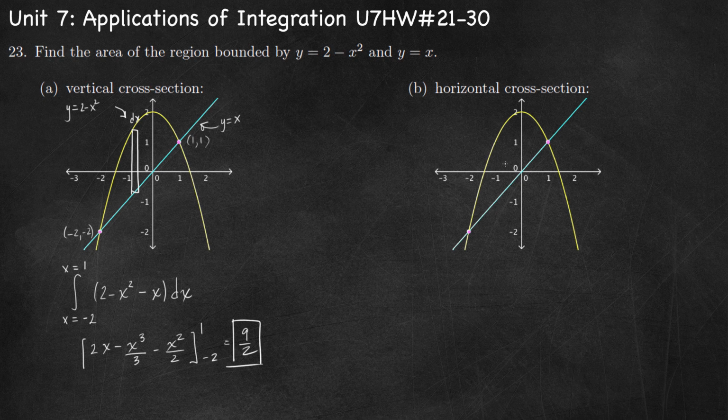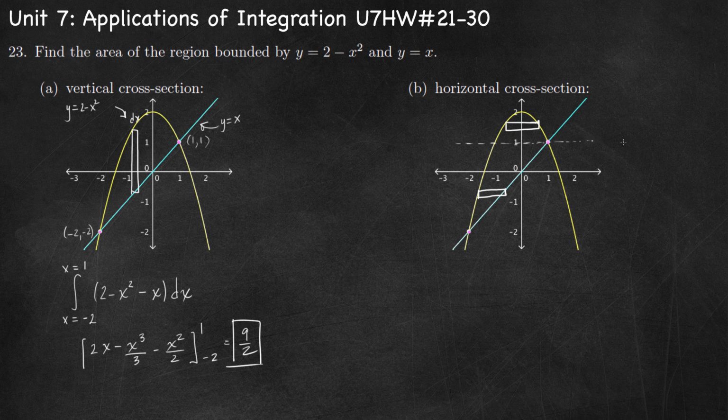We're going to need it. If we try to draw a horizontal reference rectangle down here, I have different right and left functions than if I draw the rectangle up here. So where does the right function change? It happens right here at this point of intersection.